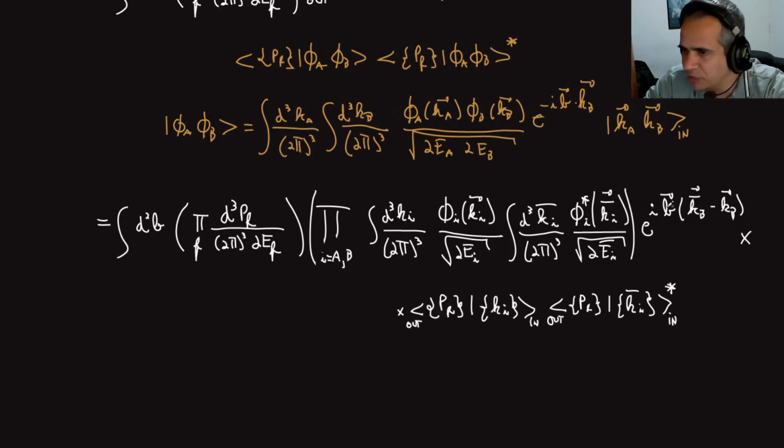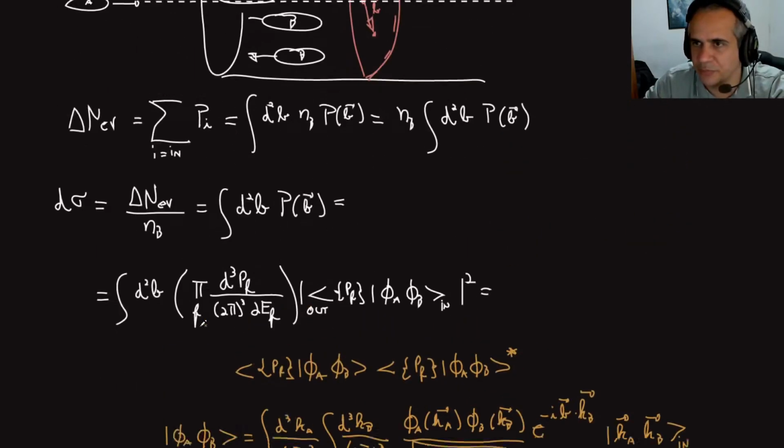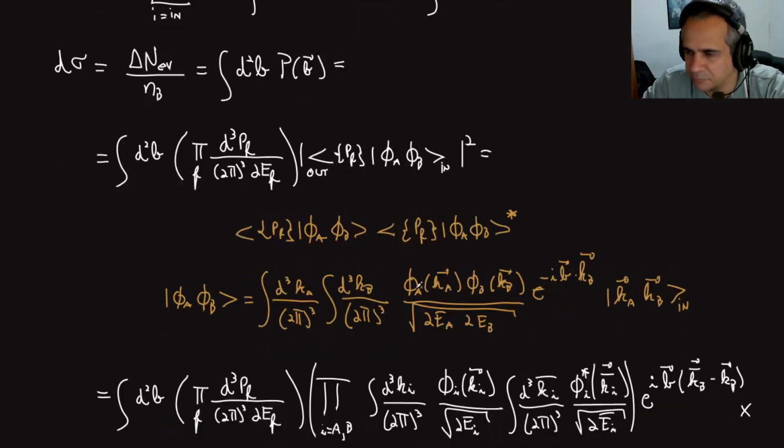Because b only really appears in this exponential here. So these two integrals are easier to do, and mainly remember that b is transverse to the direction a and b are flying, right? So by definition, I'm taking this line of impact, and b is perpendicular to it.